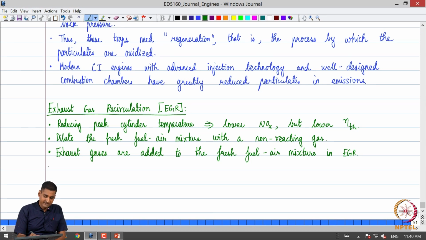As we have already discussed, one main limitation is that it reduces the engine efficiency. Another limitation, if not properly done, is that it can significantly increase hydrocarbon emission.